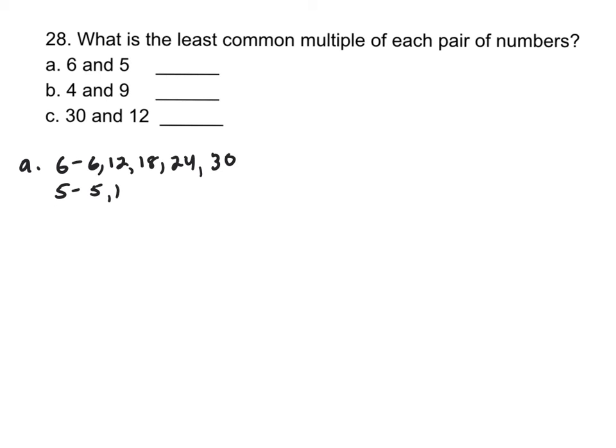So we'd say 5, 10, 15, 20, 25, 30. We've got a match. And whenever you have a match, I like to highlight it. Whenever we have a match, that is going to be the least common multiple.